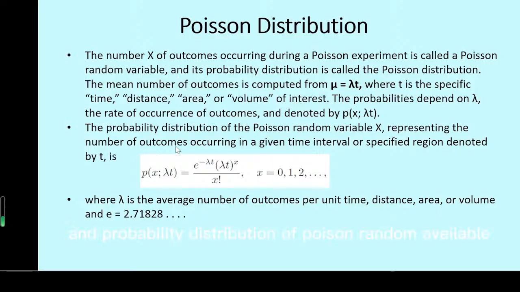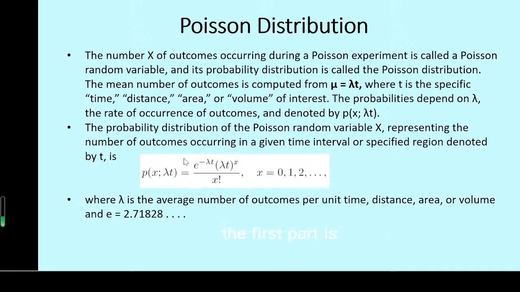And the probability distribution of the Poisson random variable can be calculated as P(x; lambda t). This is the probability of x occurrences in such a time interval, which equals x factorial in the denominator, and in the numerator the multiplication of two parts.